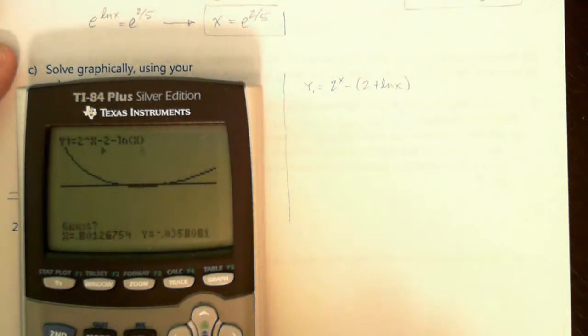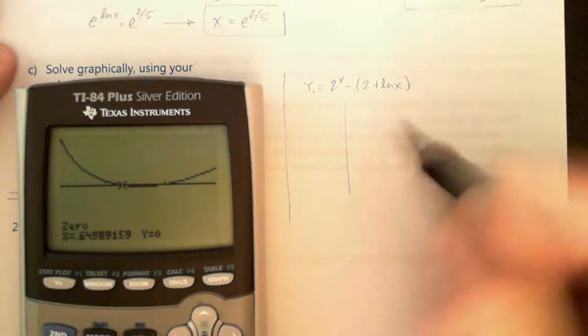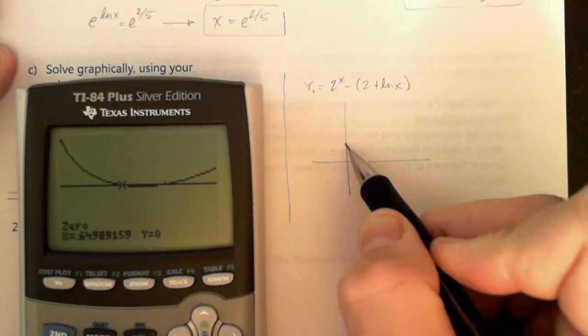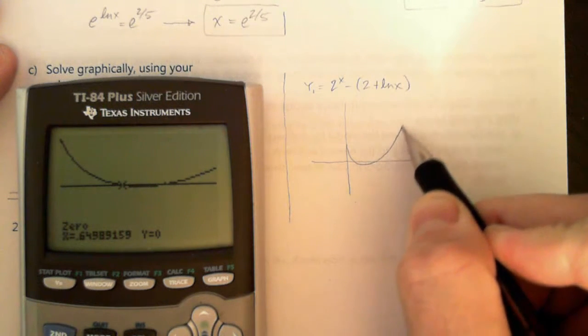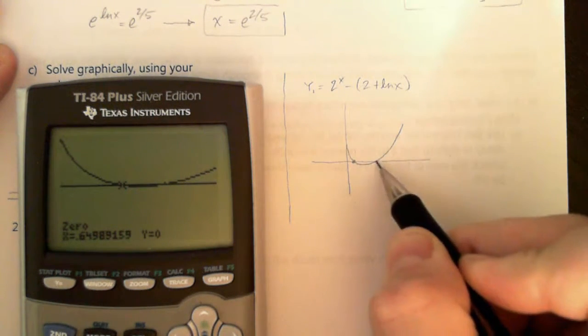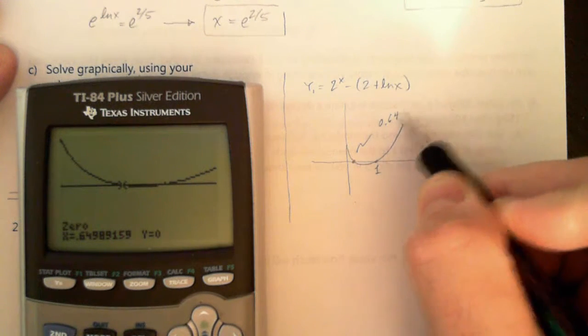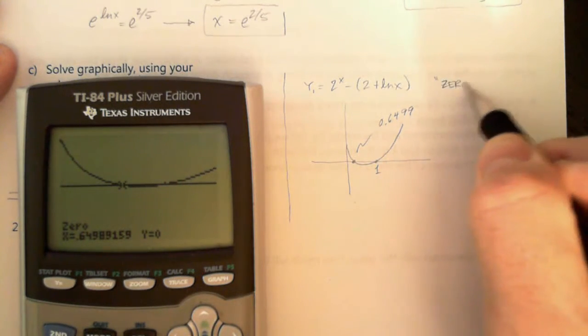And that's a right bound. And we get the same 2 graphs. We get something like 1 and 0.6499 using the 0 subroutine.